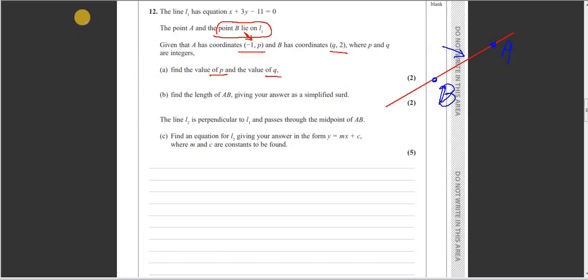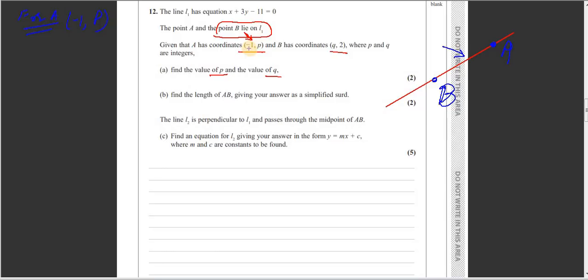So for A, the coordinate of A is (-1, p). You don't need to waste time, you can do the direct step. So the equation is x plus 3y minus 11. I am substituting the values.